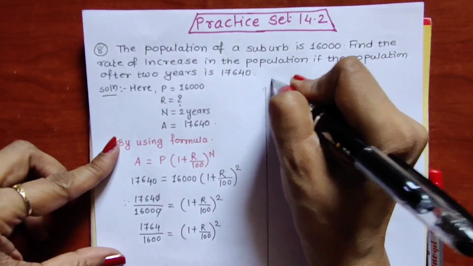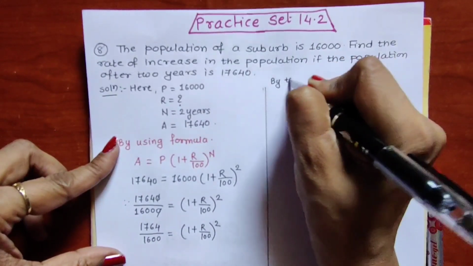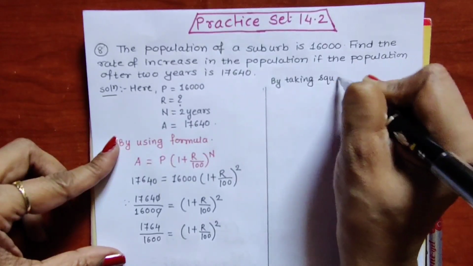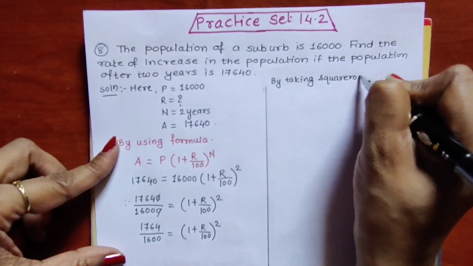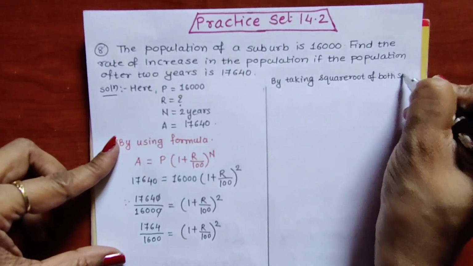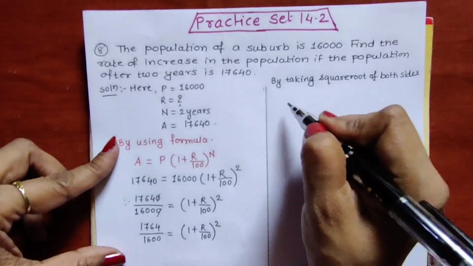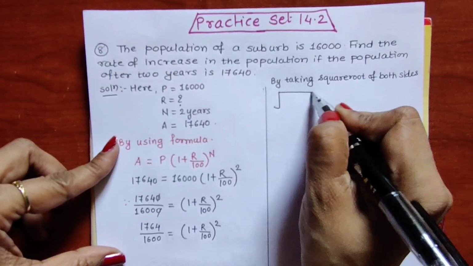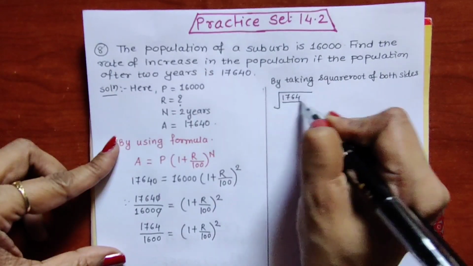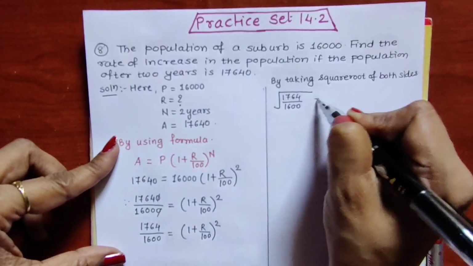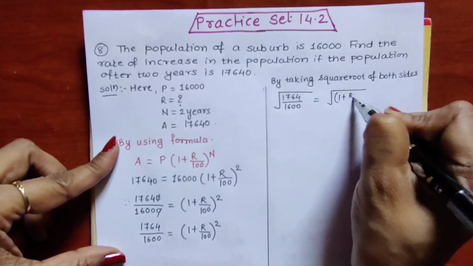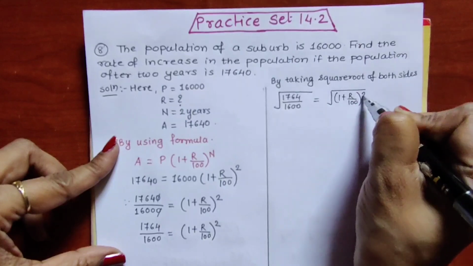So we should write here by taking square root of both sides. So we have to put both these sides under square root symbol. 1764 upon 1600, and this also 1 plus R upon 100 square.